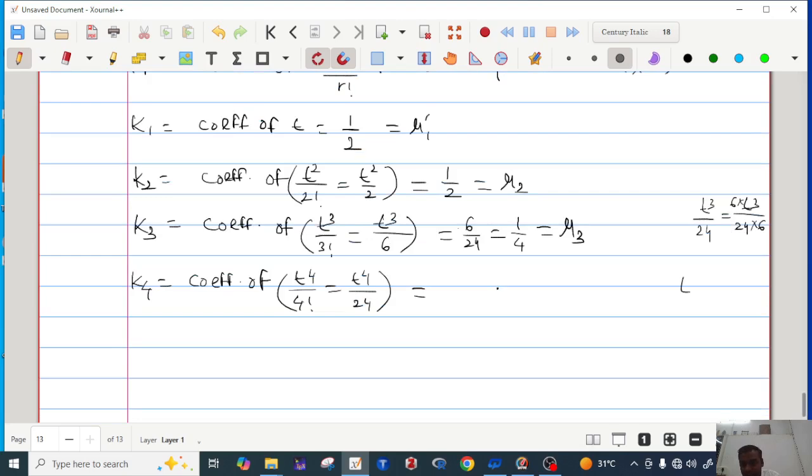How do we adjust? We need 24 here. This way, the coefficient of t raised to 4 upon 24 is nothing but 24 upon 64. The answer is 3 upon 8. So k4 is 3 upon 8.